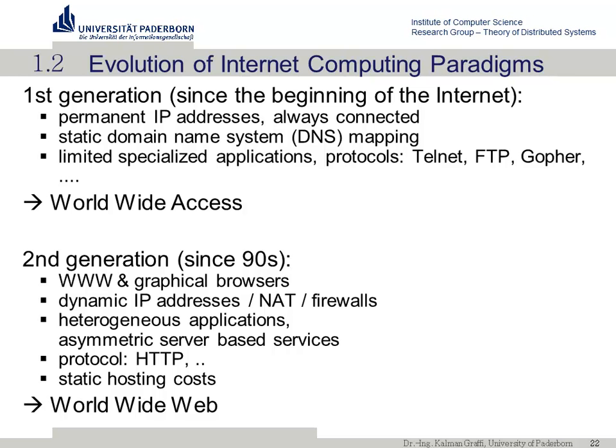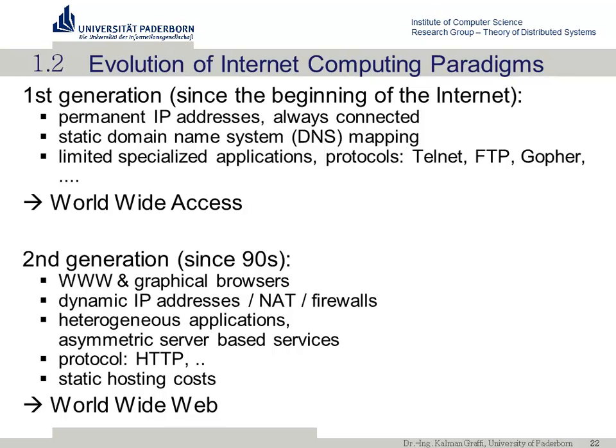Okay, so now we know what peer-to-peer roughly is, and now I want to put it in context of the previous and also succeeding computing paradigms. So, just to give you on 2 slides the history of the computing paradigms in a rough structure.